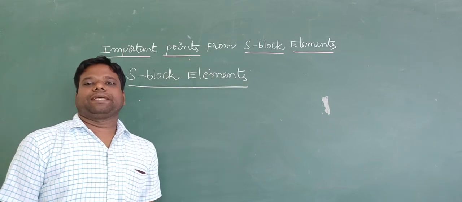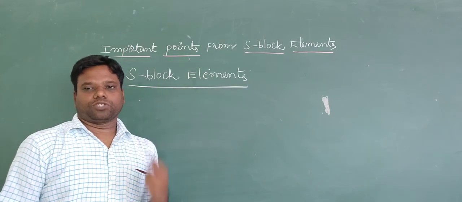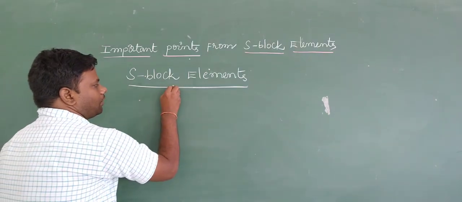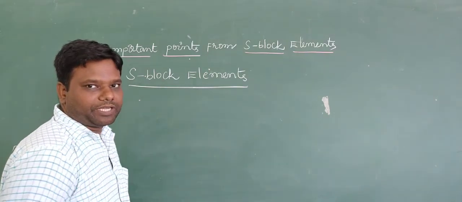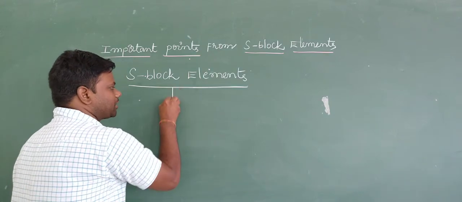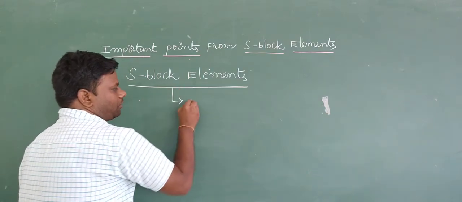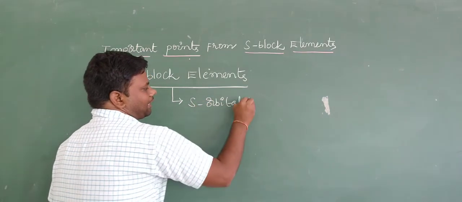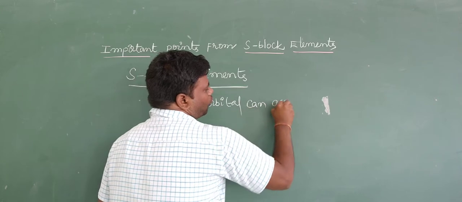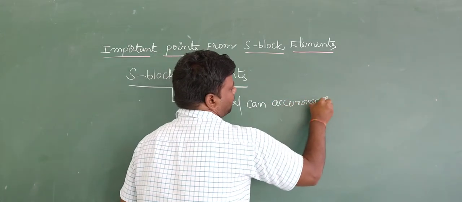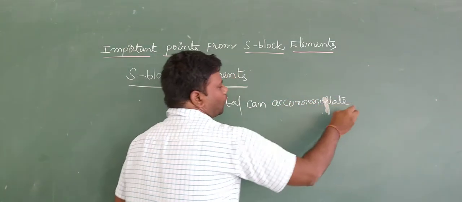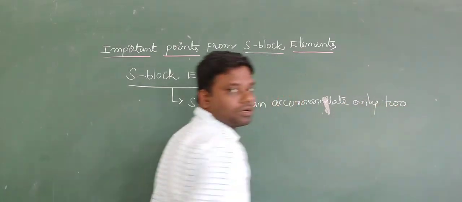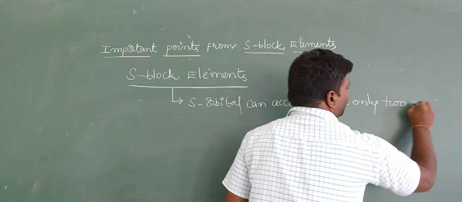The S block elements are present at the left side of the periodic table. An s orbital can accommodate only two electrons. Only two electrons.